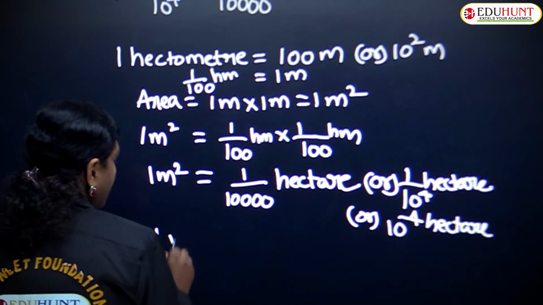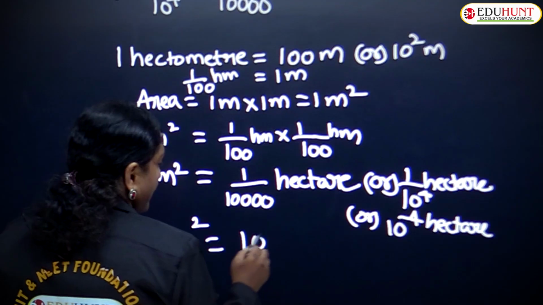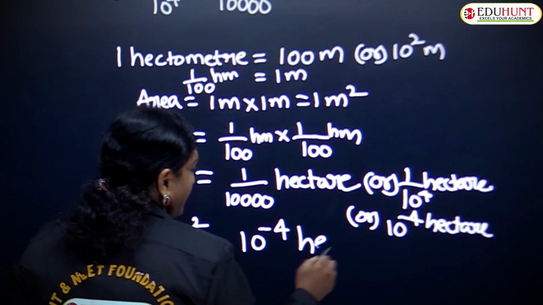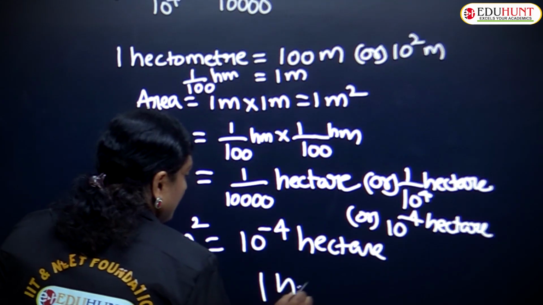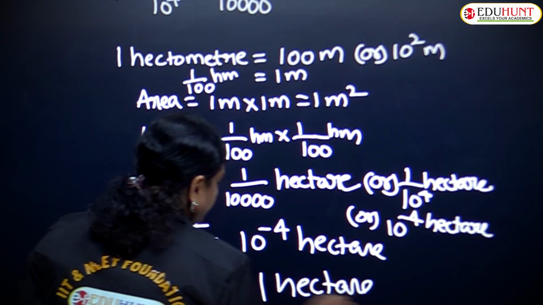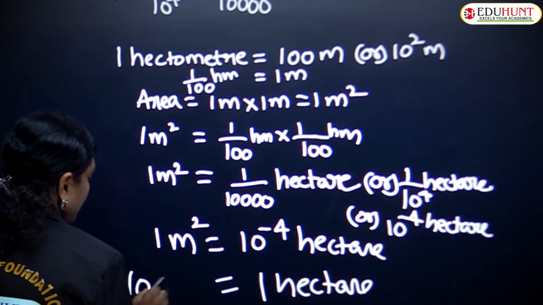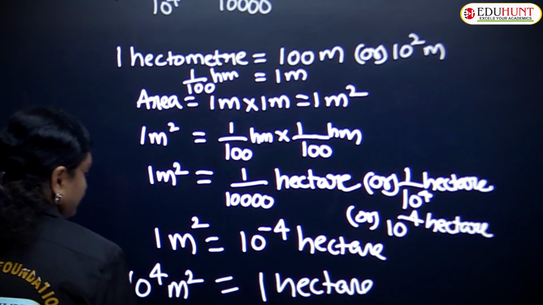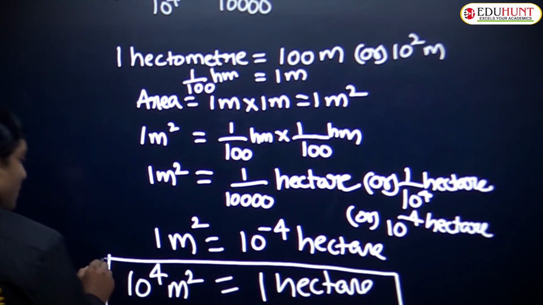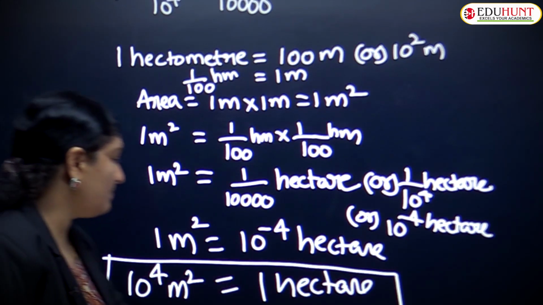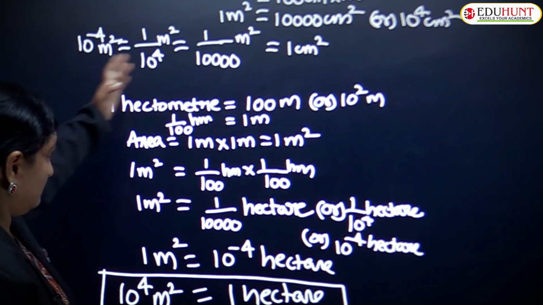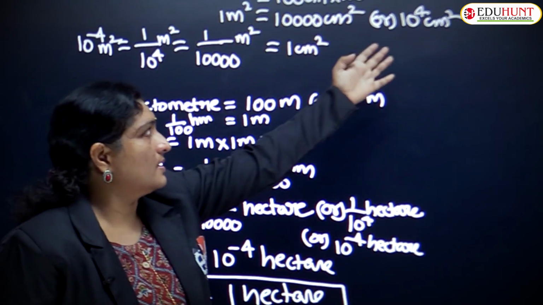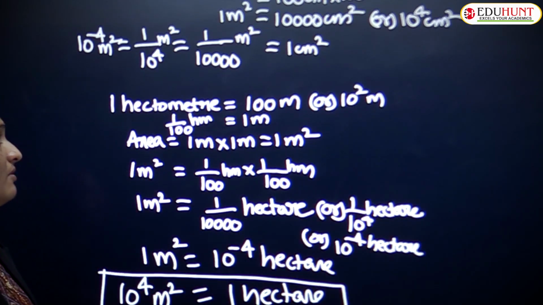Then, if 1 meter square is equal to 10 power minus 4 hectare, then 1 hectare will be equal to 10 power 4 meter square, whereas 1 meter square is equal to 10 power 4 centimeter square. So remember this, children.